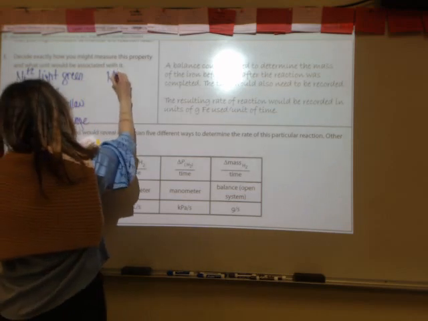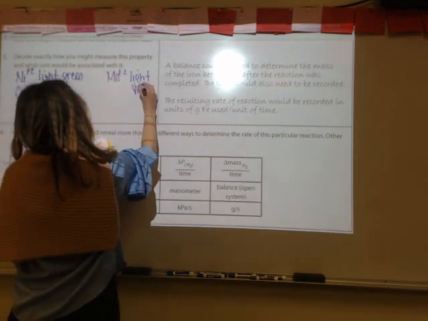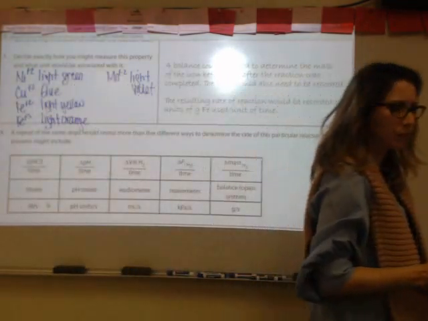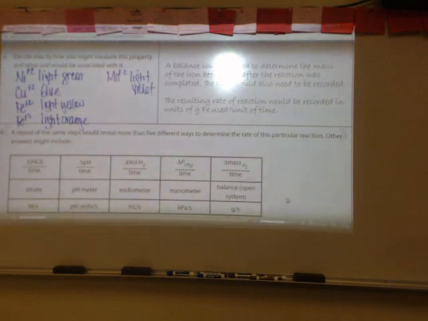And then Mn+2 is a light violet color. Okay, so make note that if you see a transition metal, it's probably going to have a distinct color that you could measure with a spectrophotometer if it's dissolved in water.